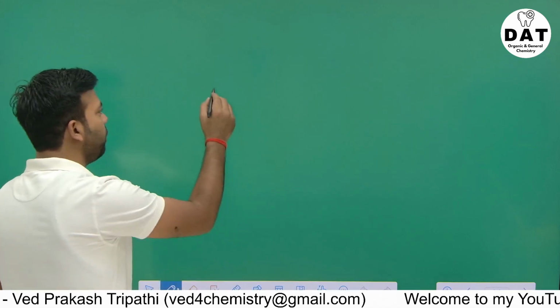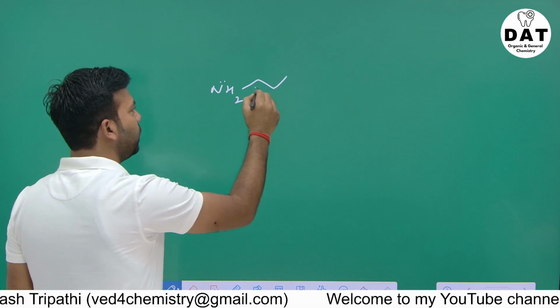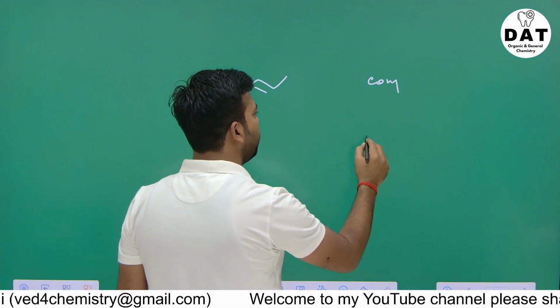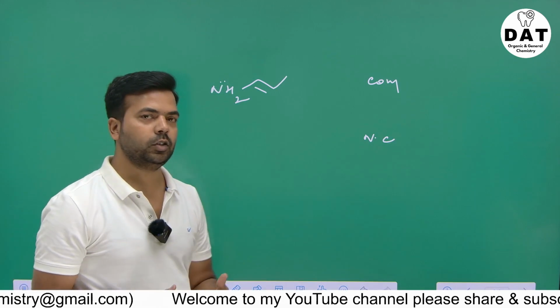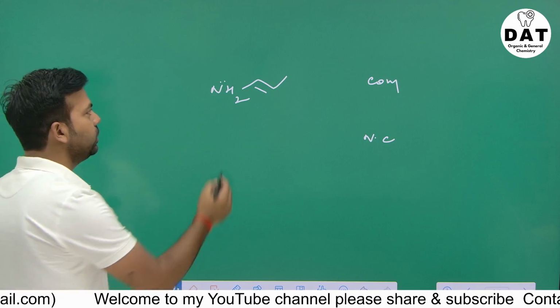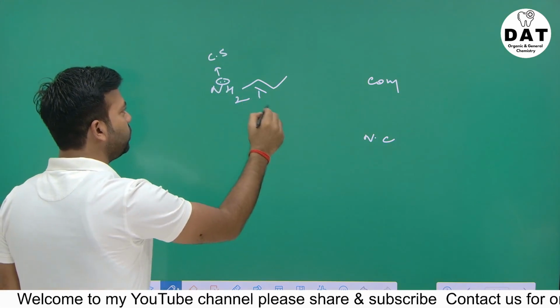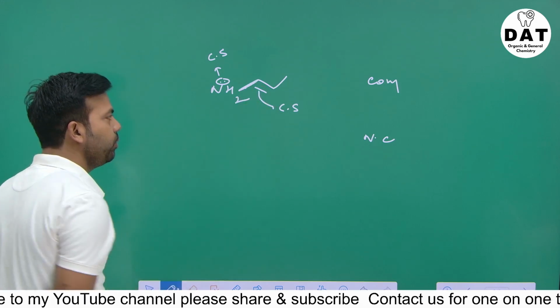Suppose we have a very simple compound, this one. My question is, how many conjugated and non-conjugated pi electrons are here? The first thing is, you have to first identify resonance. As you can see, this conjugate species and this conjugate species are in alternate, means just one single bond between them.